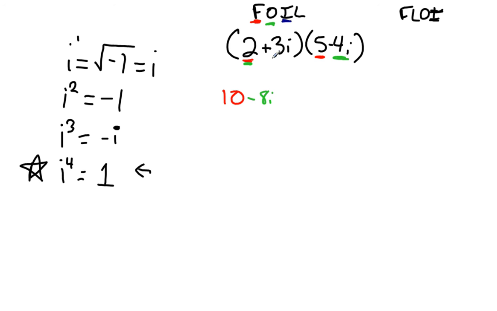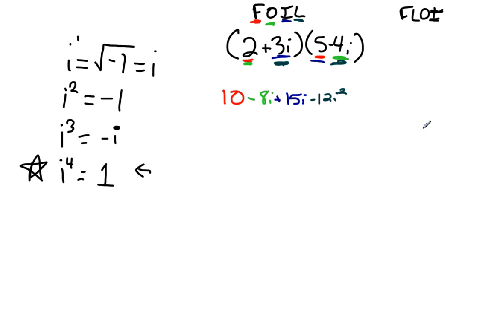So that'll be 3i times 5. So that'll be 15i. And then our last, our favorite one, because we get exponents out of it, 3i times negative 4i is going to be negative 12i squared.